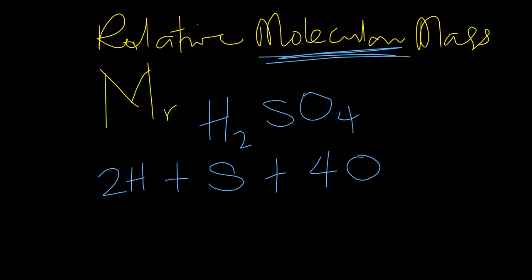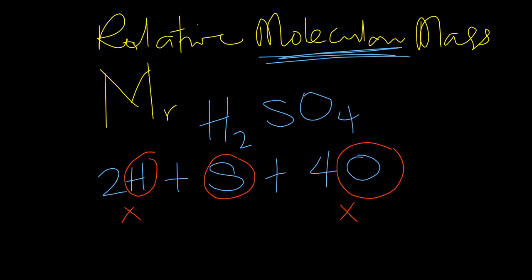Now you realize that the hydrogen has its own mass, sulfur has its own mass, and oxygen has its own mass. So the mass of the hydrogen times 2, which is the number of times hydrogen appears in the molecule, added to the mass of sulfur, plus the mass of oxygen multiplied by 4, joined together will give you the mass of the molecule.